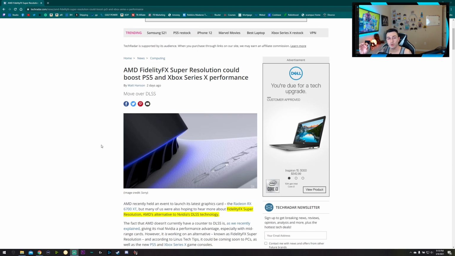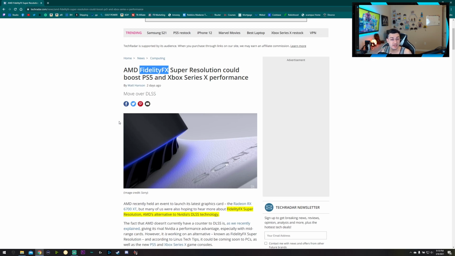But what's important here is that AMD is now coming out with their own version called FidelityFX. Now, the Switch uses an Nvidia GPU, but the PS5, PS4, Xbox Series S and X, they are all on the AMD architecture. They have an AMD APU, which is a GPU and CPU smashed together, if you want to say it like that. Basically, all the components communicate in synchronous time.